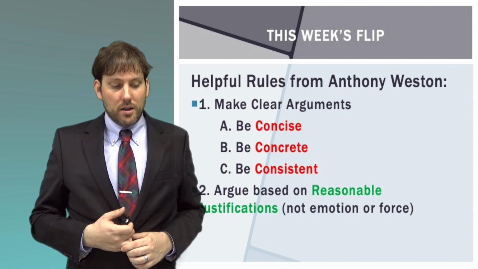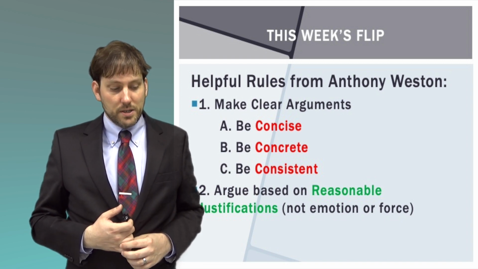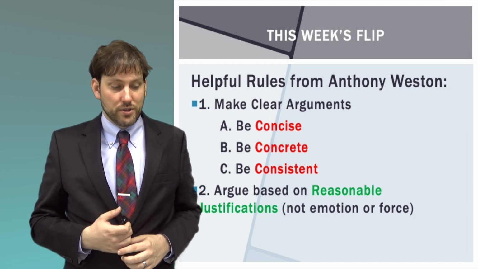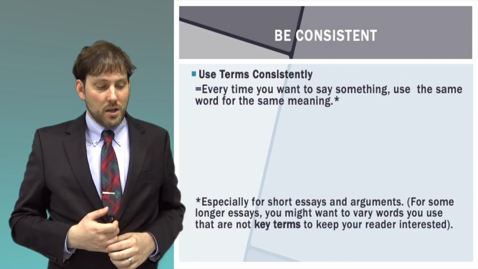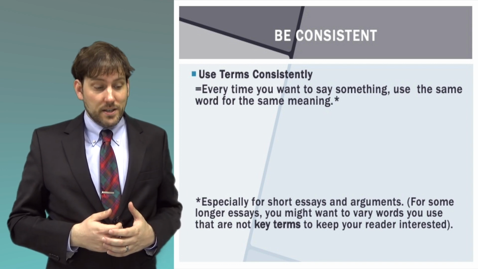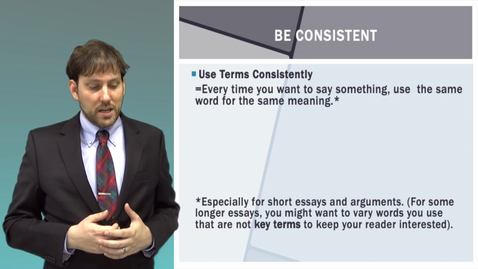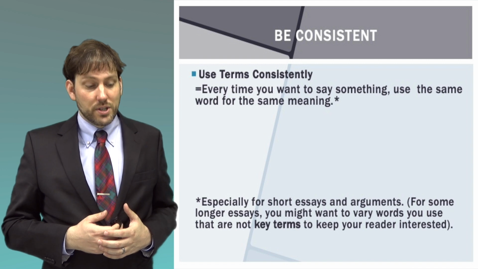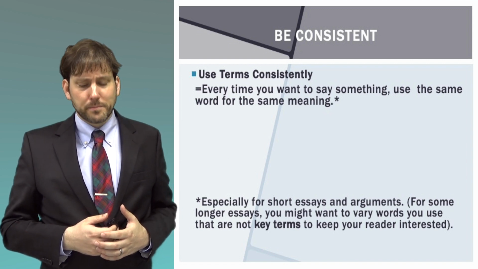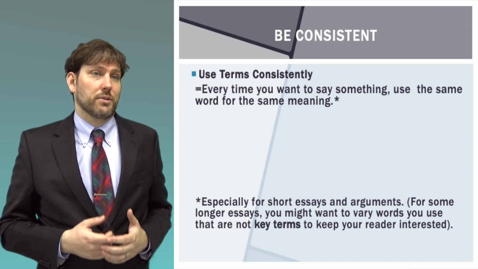So in order to make these clear arguments, again, concise, concrete, consistent, and we want to use reasonable justifications, not emotions or force. So consistent. Consistent means every time you say something, you use the same word for the same meaning. This is extremely important in critical thinking.